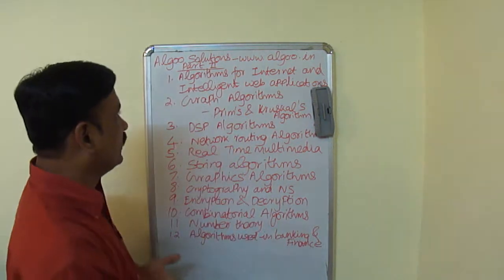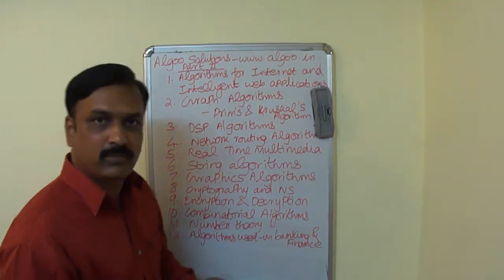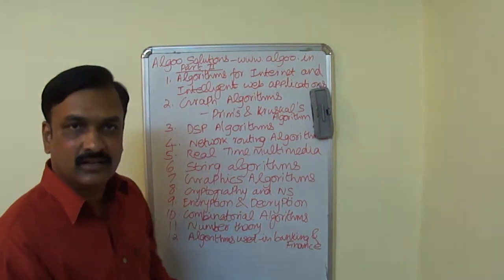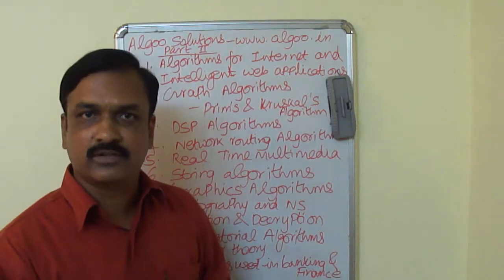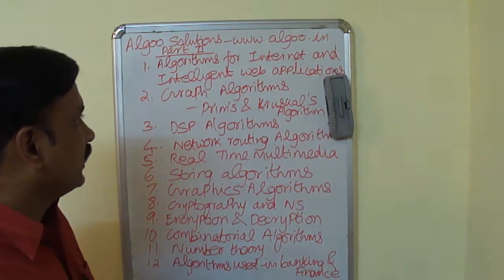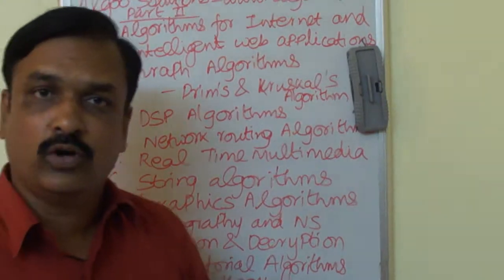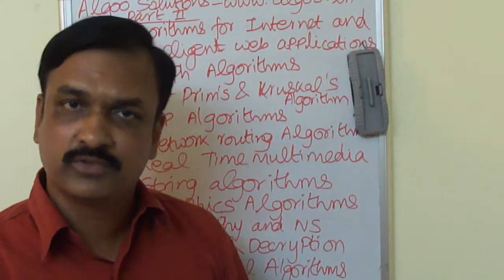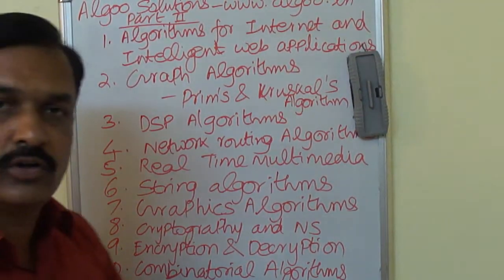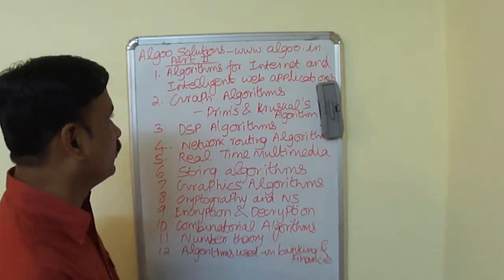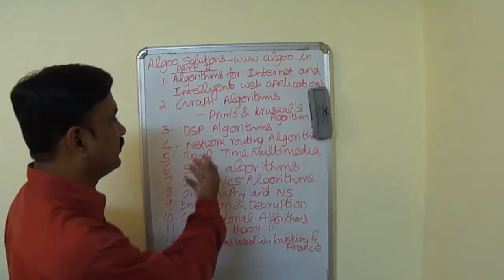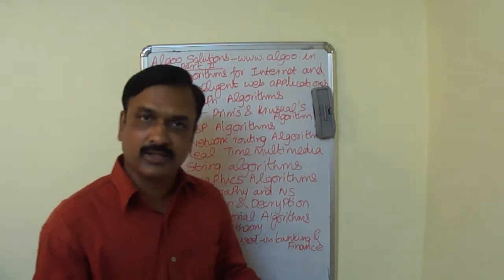For example, you may be working on intelligent web applications, the semantic web search. You may be working on voice-based web search. So find out what algorithms you are using there. Now if you come to voice-based search, you will be talking about DSP invariably.